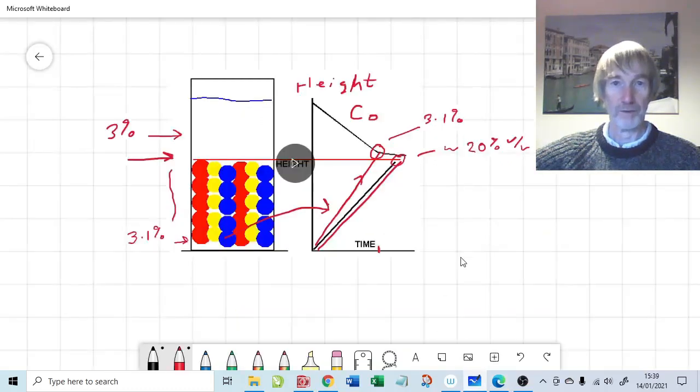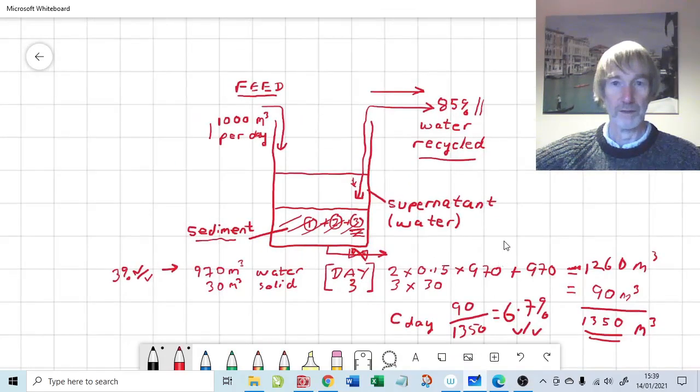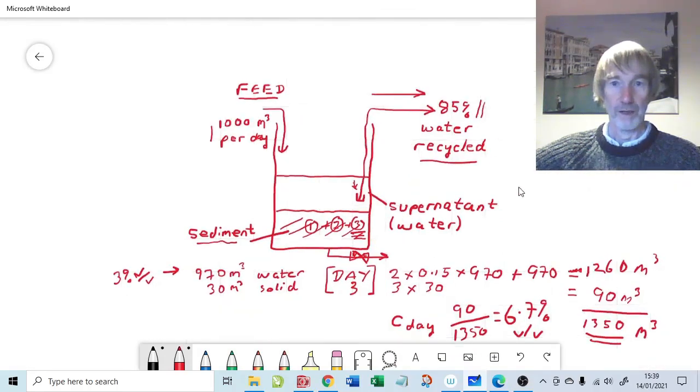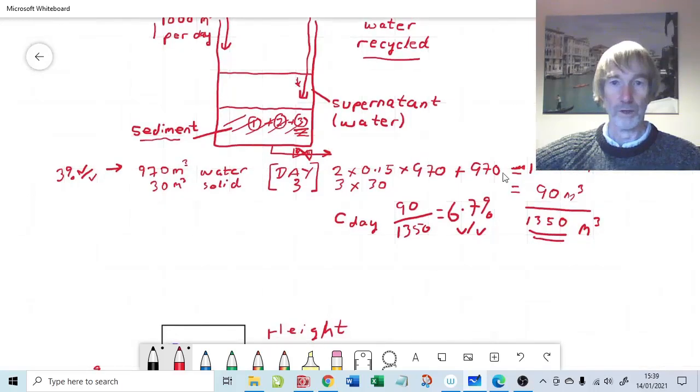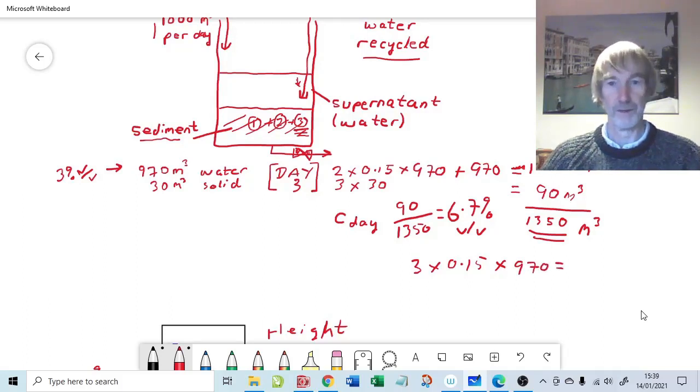If we go back to our material balance, which we had just here, we know we're going to have 90 metres cubed of solids, and in fact we can do 3 times 0.15 times 970 to tell us what the volume of the liquid is that's left in the sediment.